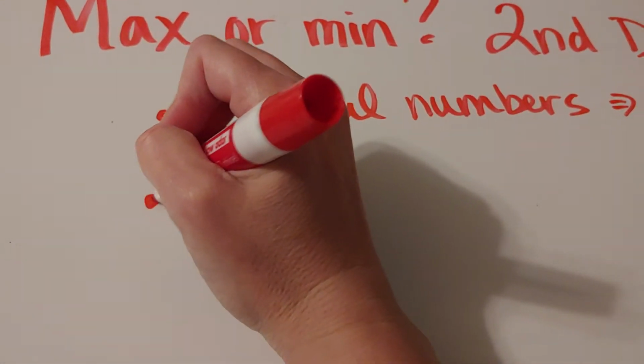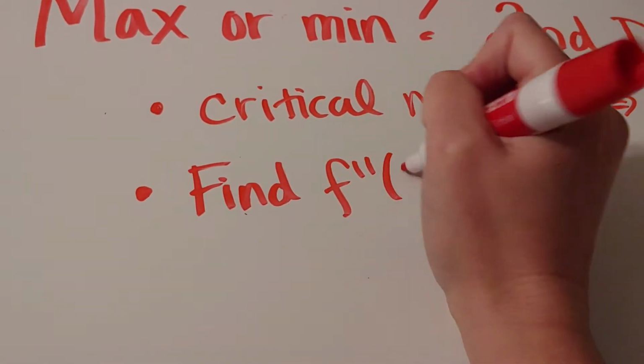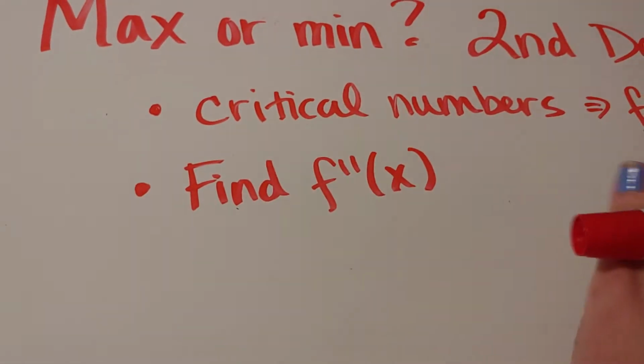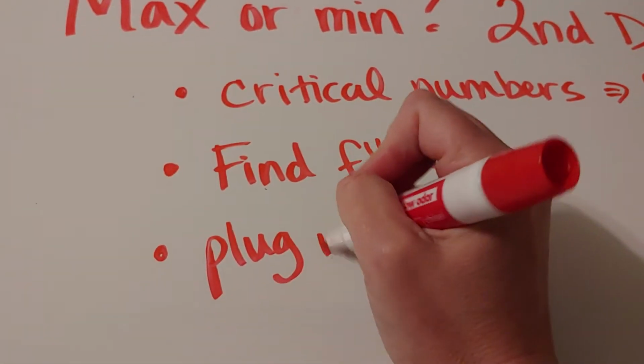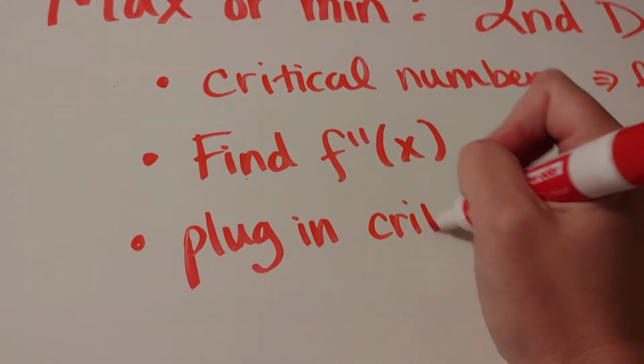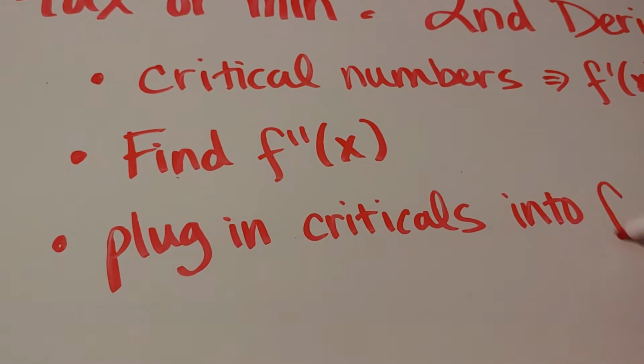But what we're going to do this time is find the second derivative, not set it equal to 0 or anything like that. What we're going to do is plug in the critical numbers into the second derivative.